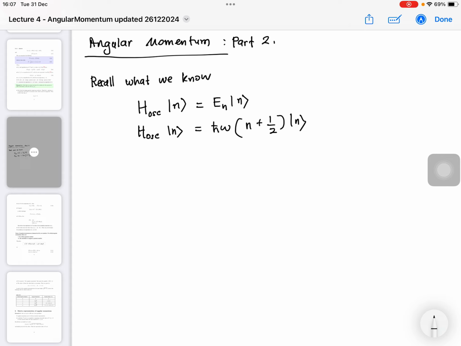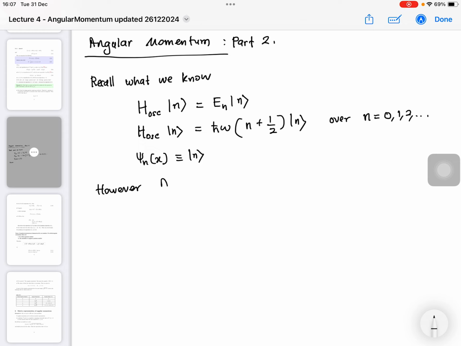We're using bra and ket notation. Here n takes the values 0, 1, 2, and so on; it's an integer. For this case, your wave function ψ_n is equivalent to the ket n. You know how to do it.